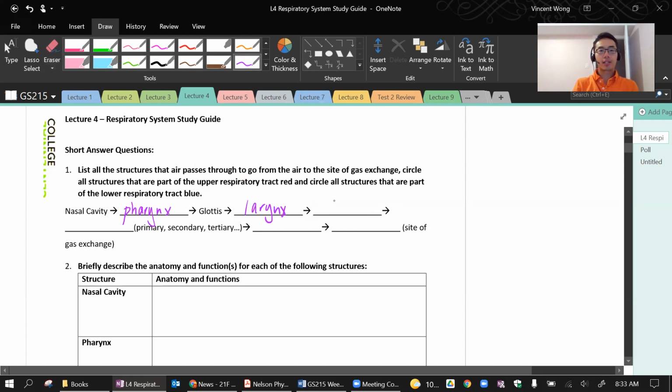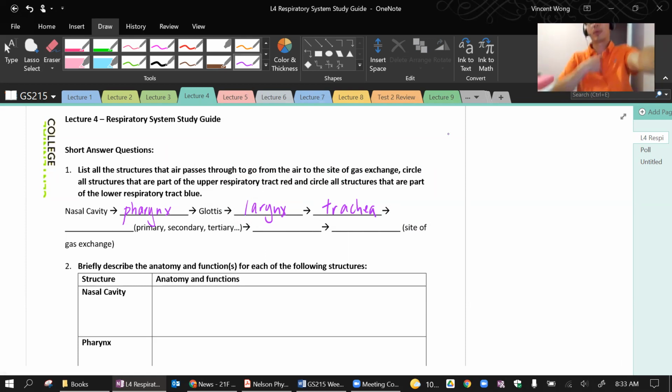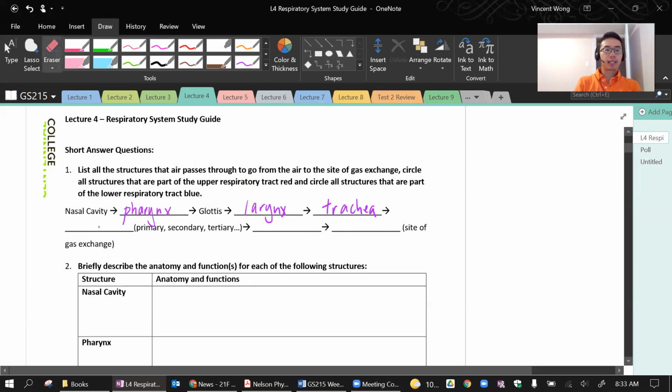From the larynx, the air is going to go into the trachea. The trachea goes all the way down, about 12 to 15 centimeters, depending on how tall you are. And then it's going to split into the bronchi, the left and right main or primary bronchi.